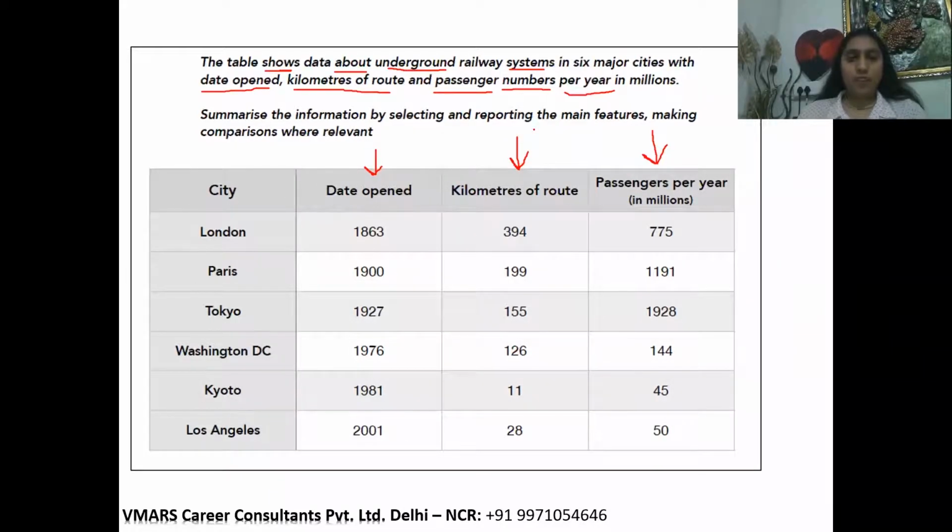Arshad, do you observe any similarity or information between London, which opened in 1863, and it is leading in kilometers in what? Kilometers of route, ma'am. Yes, it is the oldest and had the highest kilometers of route. Okay, thank you, Arshad.